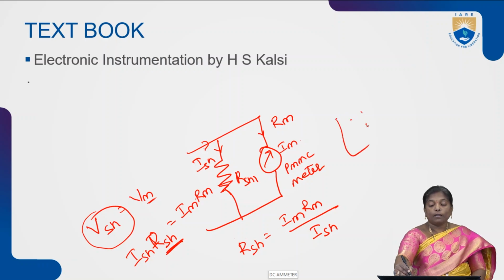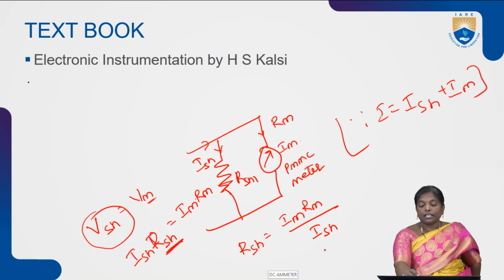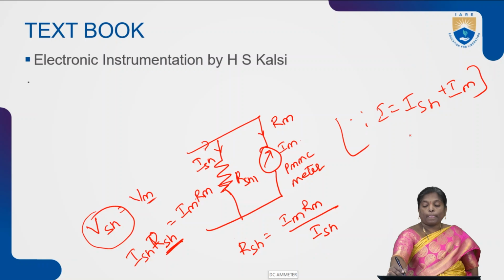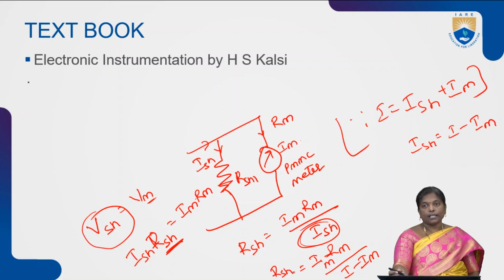But we know that the total current in the circuit is equal to ISH plus IM. From this, ISH can be represented as I minus IM. So replace ISH with I minus IM. Then shunt resistance RSH is equal to IM into RM by I minus IM.